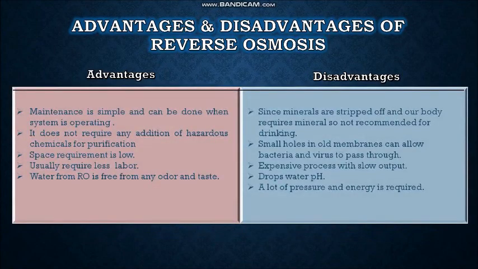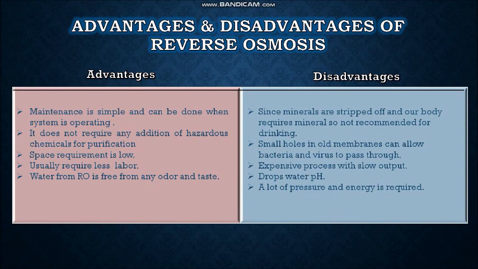Now let us discuss advantages and disadvantages of reverse osmosis. First, we go with advantages. Maintenance is very simple and it can be done while the system is still operating due to the modular design. Reverse osmosis does not require any addition of hazardous chemicals for purification.